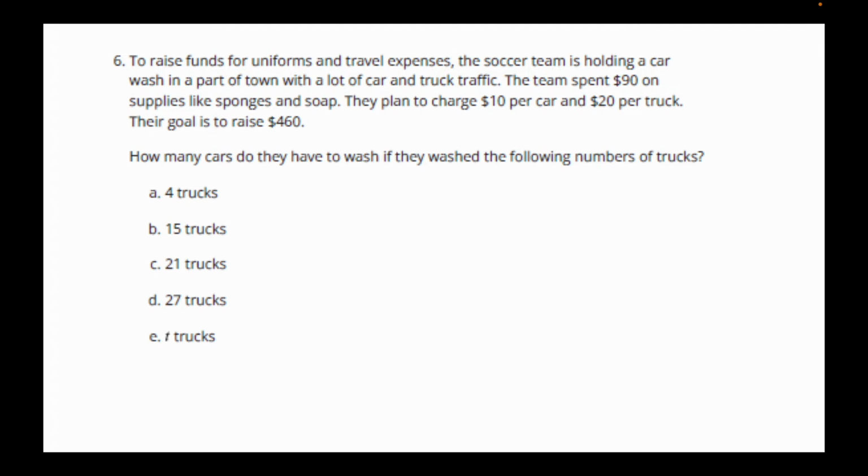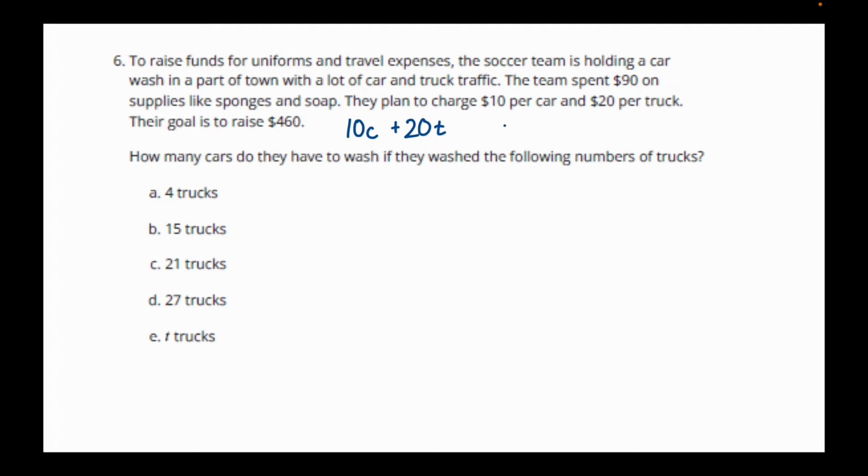They want to raise $460. They're charging a certain amount, but they already spent $90. So we want to include that $90 as negative money because we want their car wash to pay that back and raise the 460. So we will say here that they are charging, we'll use C for cars and T for trucks, $10 per car and $20 per truck.